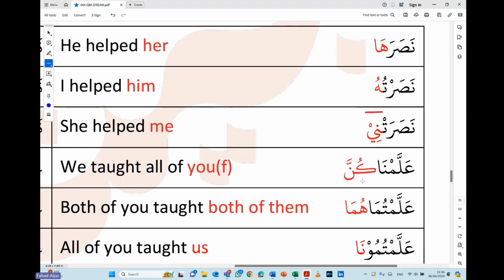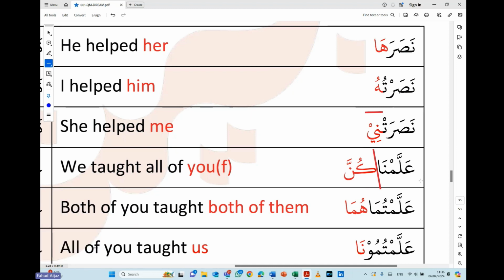Allamna kunna. Now you're looking at a fi'l first, so your focus is on the right side. Allamna, and you're trying to map it to the Nasara chart, and you would realize that this maps to nahnu Nasarna. Nahnu allamna. If I have to produce the entire thing, it's huwa allama, huma allama, hum allamu, hiya allamat, huma allamata, hunna allamna.